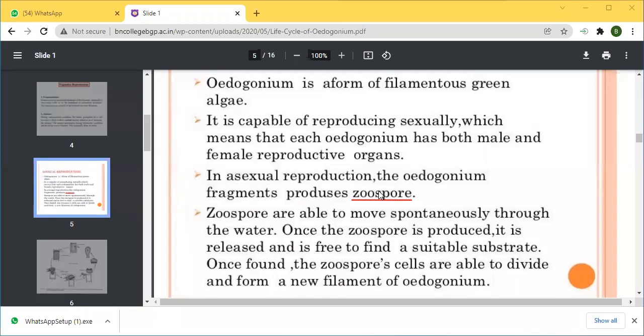Zoospore formation. Zoospores are able to move spontaneously through the water. Once the zoospore is produced, it is released and free to find a suitable substrate. Once found, the zoospore cells are able to divide and form a new filament of Oedogonium.